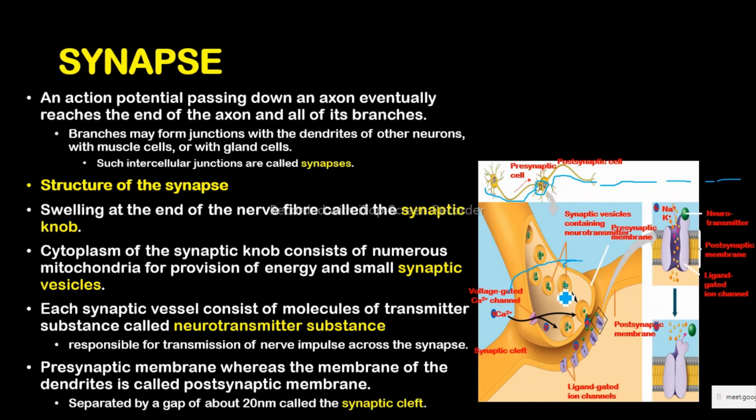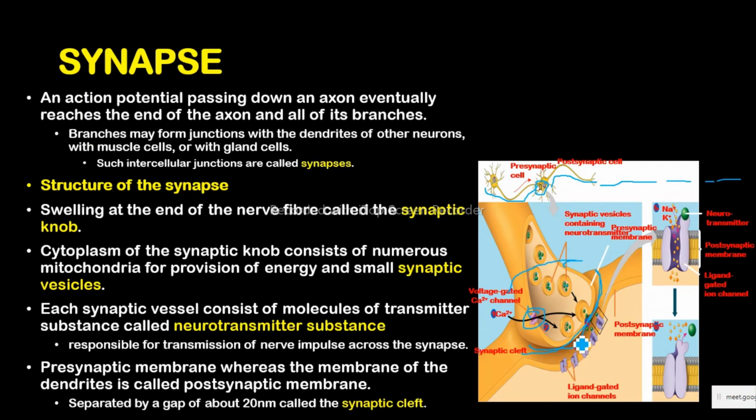You can see this neurotransmitter substance, and then you can see that you have membranes. So we are going to see the process of impulse transmission. Then there is this space, and the whole of this space is what we call a synaptic cleft.